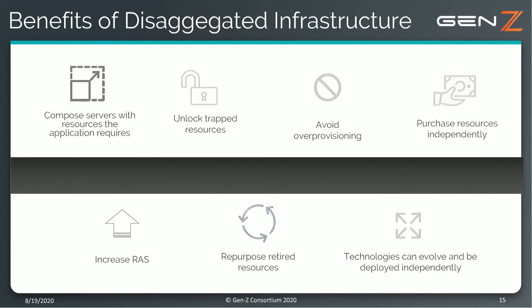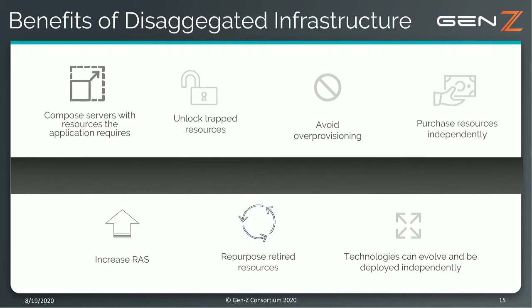At a high level, we talked about in the overall introduction of the webinar that PECFF really drives disaggregation across the data center. Some of the benefits that we see are that servers can be composed to optimize their resources to fit the specific application or load within a data center. We can unlock trapped resources, in the sense that if we're underutilizing an asset within the data center, disaggregation allows us to fully optimize it.